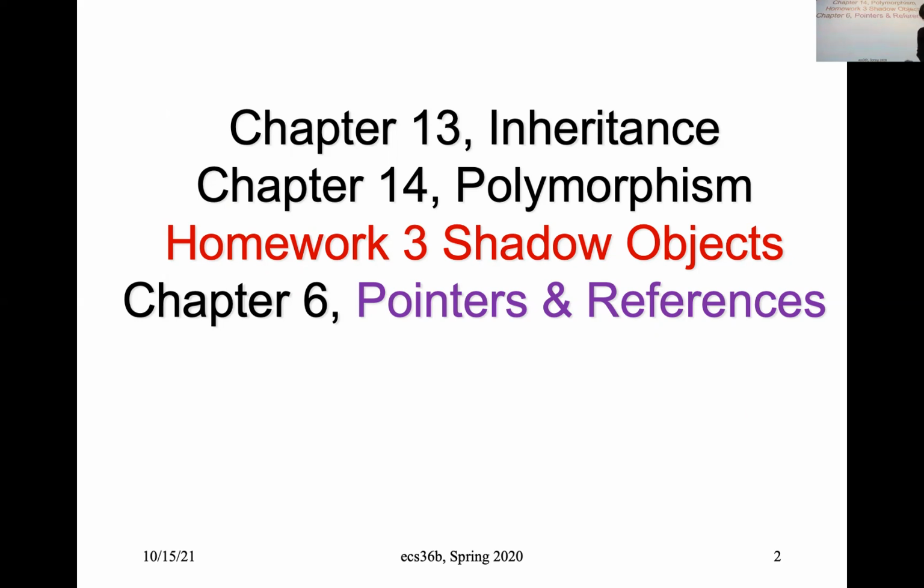But shadow objects are a very powerful concept for object programming. When you want to write a program that interacts with a huge number of objects, some of which are distributed around the world, instead of worrying about where they are and what their status is, you have a local shadow.